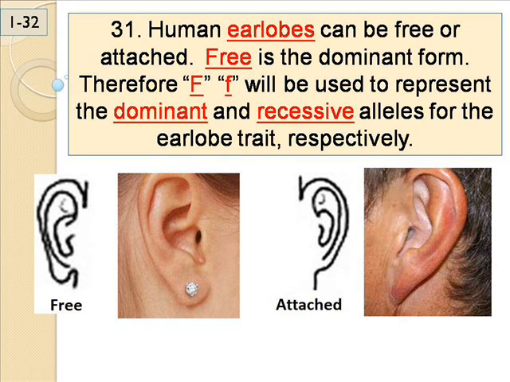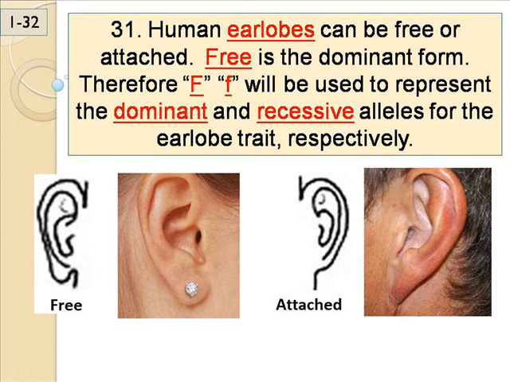Huh. Okay. So again, the attached. Let me go back one more time and go online and just make sure that I didn't say it wrong. I want this human earlobe.